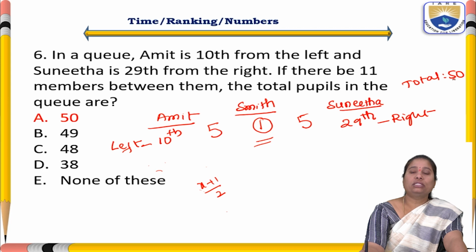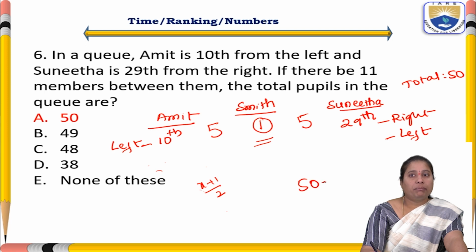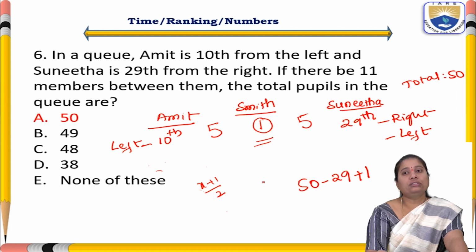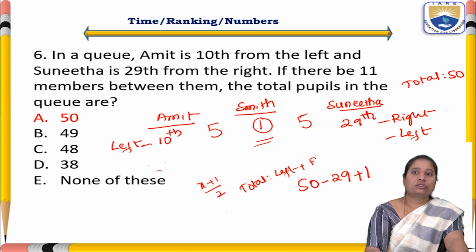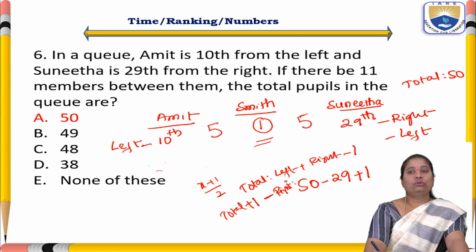The total strength is 50, and Sunita is 29th from the right, so her left position will be 50 minus 29 plus 1. As we know, total equals left plus right minus 1. So if we take total plus 1 minus the right position, we come to know the left position of Sunita. So here it is 51 minus 29.